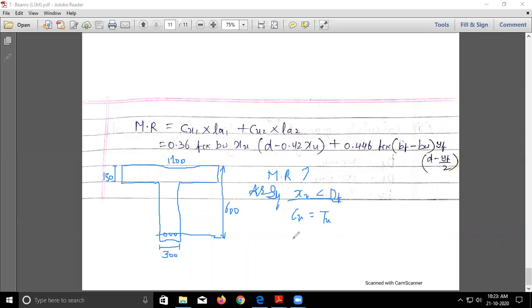What is the equation? Anyone? CU equal to TU: 0.36 FCK BF into XU equal to 0.87 FY into AST. Am I correct? So with the help of this equation, give me the value of XU.